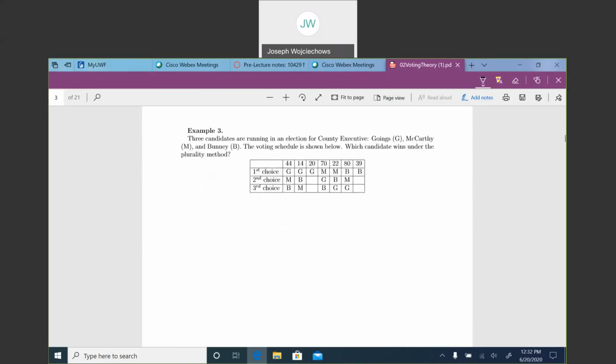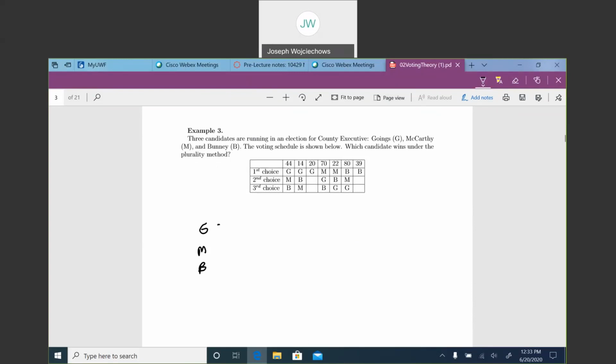Now let's look at another one here. Three candidates are running in an election for county executive: Goings, McCarthy, and Bunny. Voting schedule shown below. Which candidate wins under the plurality method? So again, we're tallying up the number of first place votes they each have, and the one with the most of them would be the winner.